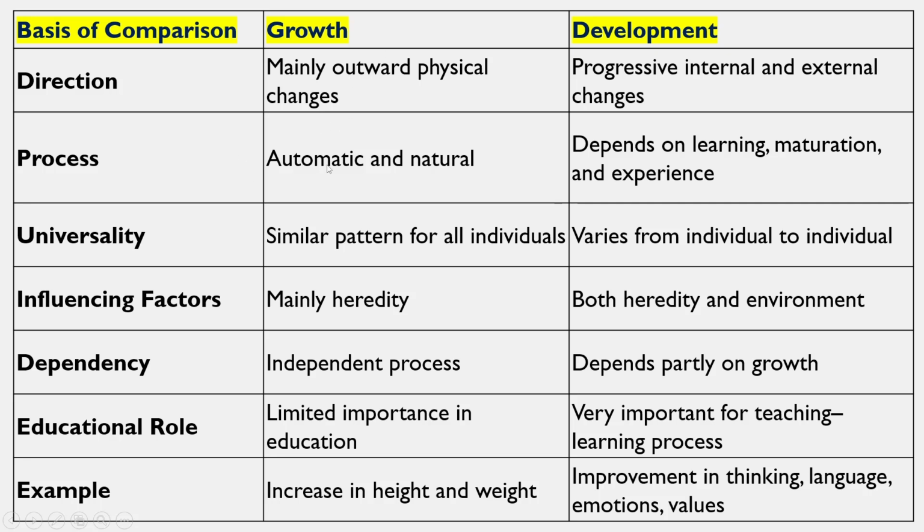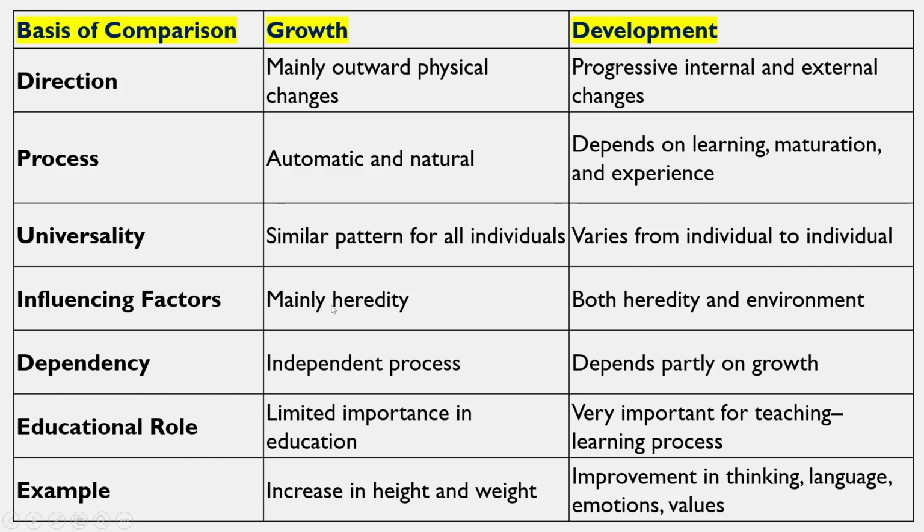Growth is an automatic and natural process. Development depends on learning, maturation, experience, and overall environment. Growth follows a similar pattern for all individuals. Generally, we all grow in the same pattern. Development varies from individual to individual as we get different environments and different experiences, so we develop differently.